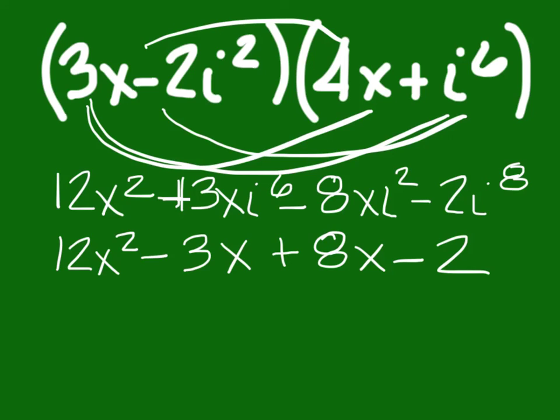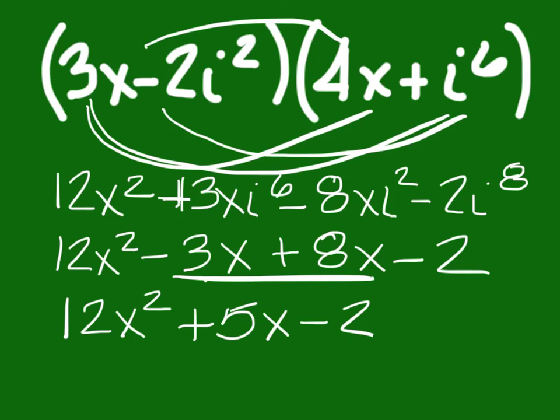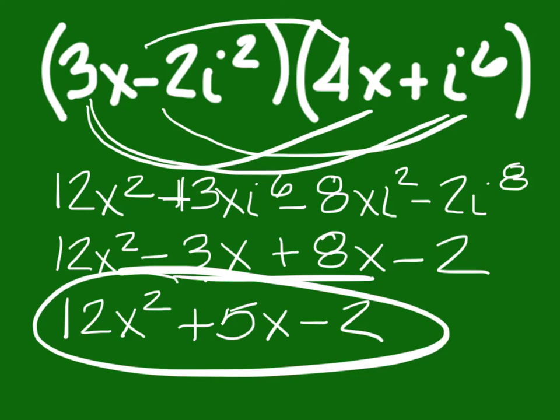Now, in this case, we have no i's left over, so it's just 12x squared. Simplify these two to get plus 5x, and then minus 2. 12x squared plus 5x minus 2.